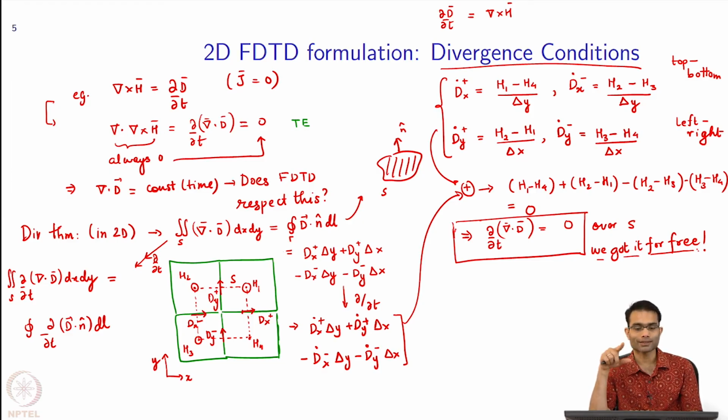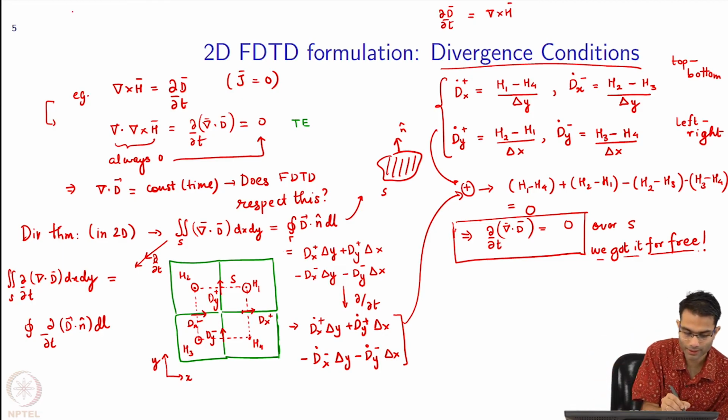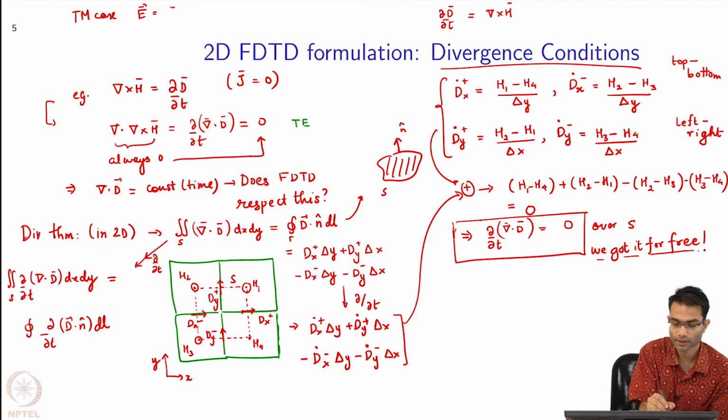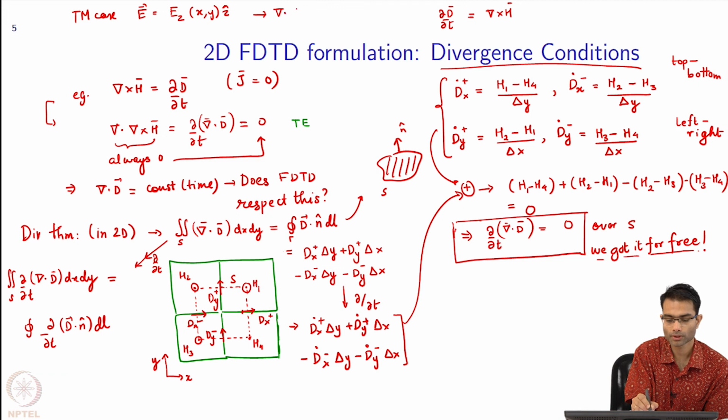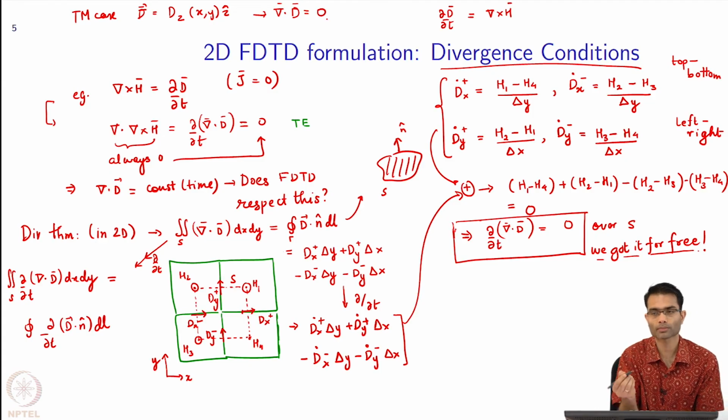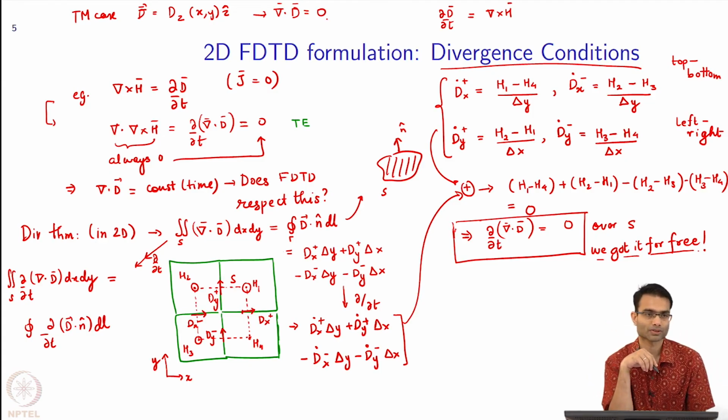Actually, in the TM case, Ez is what? Let us take the TM case. What is electric field? Only Ez, and what is it a function of? X, Y, Z hat. If you want to be very precise, let us make this D. So, what is divergence of D? 0 automatically, nothing has to be done, because this is del by del Z of something which is not a function of Z. Right.